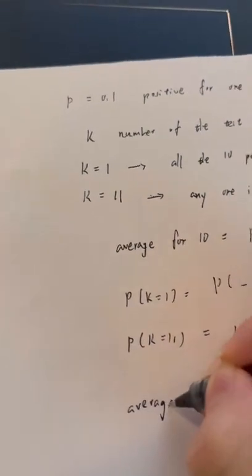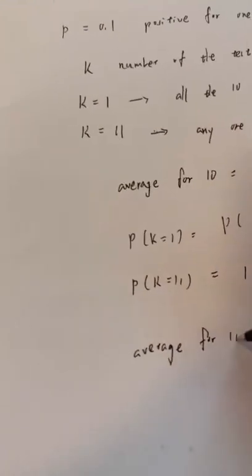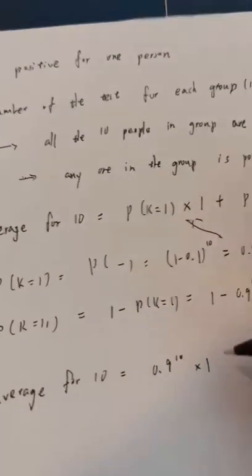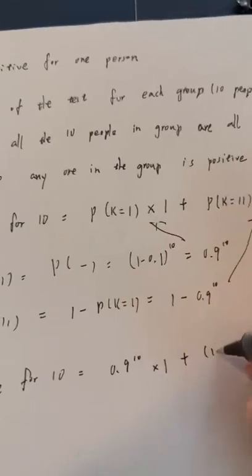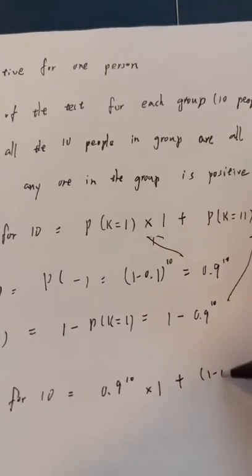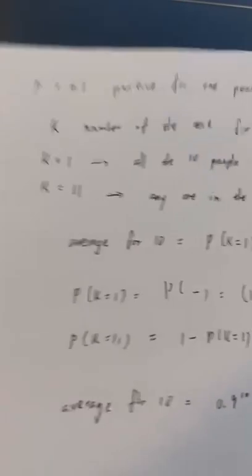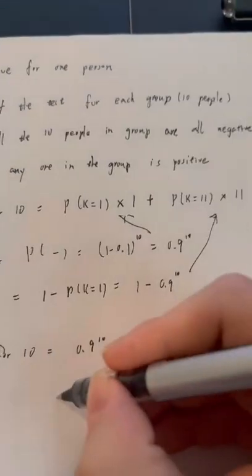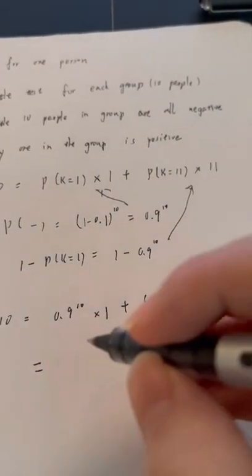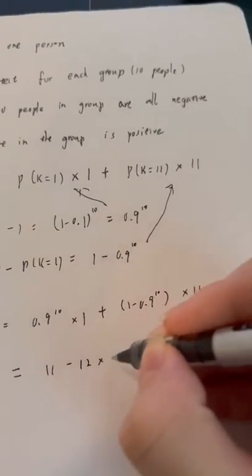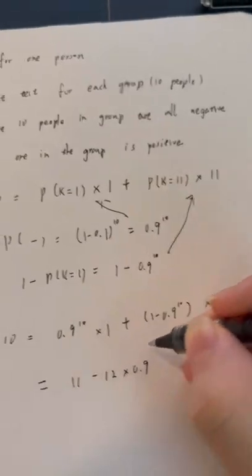So the average for a group of 10 will be equal to 0.9 to the power of 10 times 1 plus (1 minus 0.9 to the power of 10) times 11. So it will be equal to 11 minus 10 times 0.9 to the power of 10.